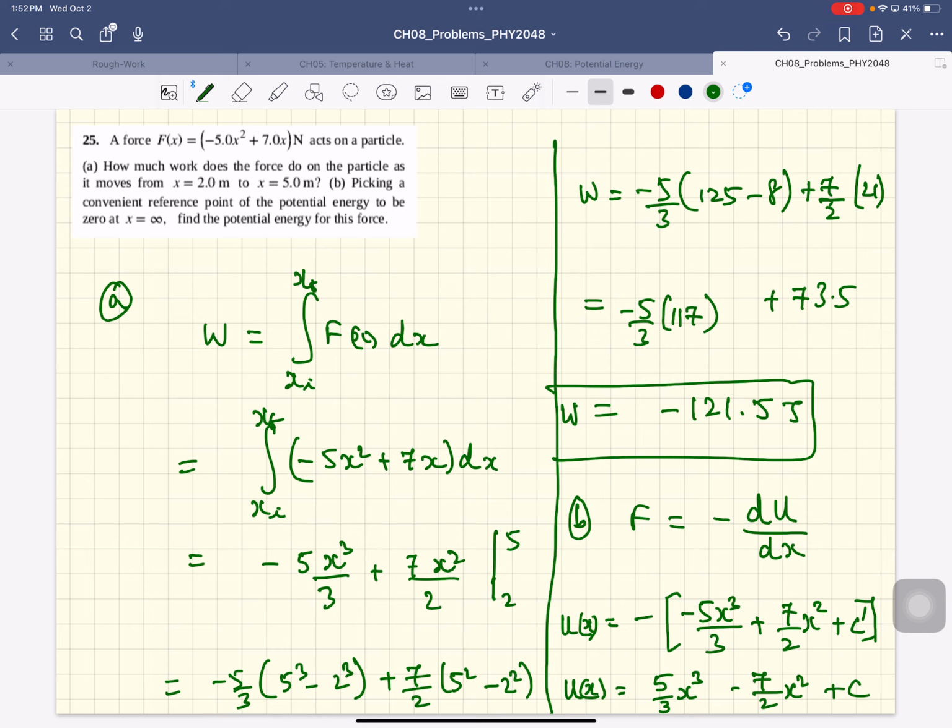All right, what is it that we want? For x equal to infinity, we want the potential energy to be 0 at x equal to infinity. Well, this is not possible because at x equal to infinity, this is blowing up, so you can't pick any constant.